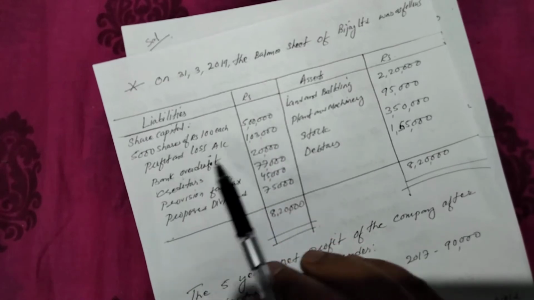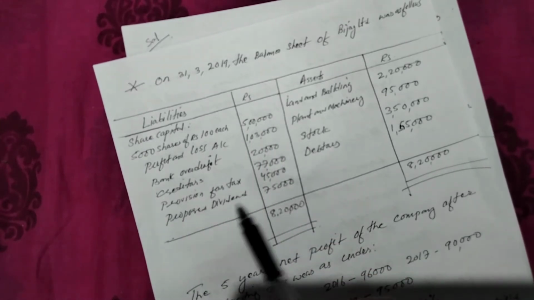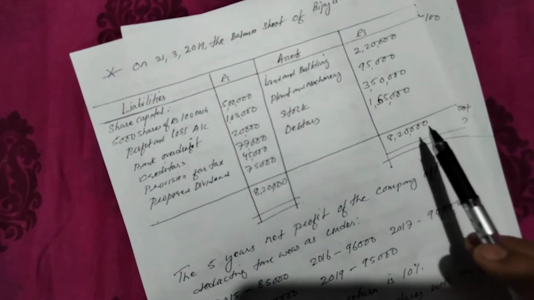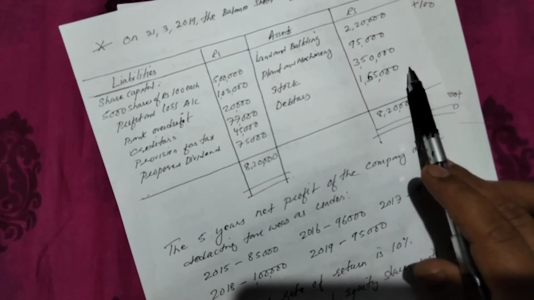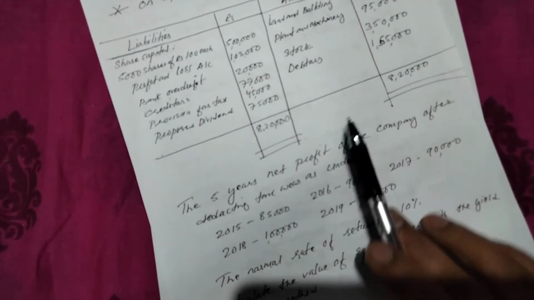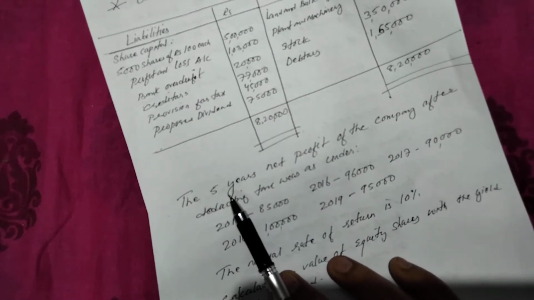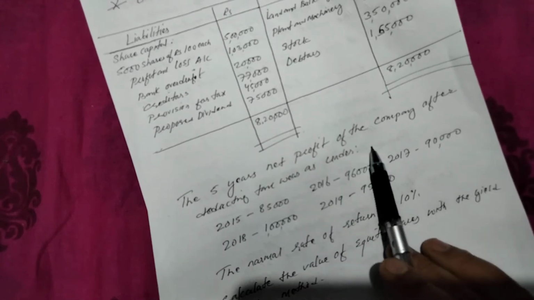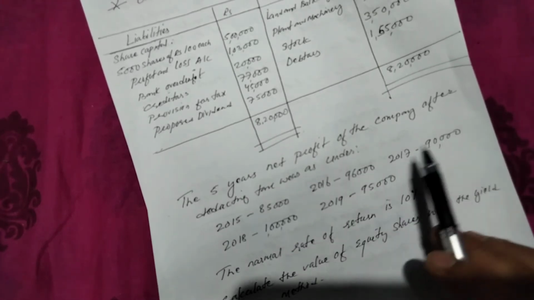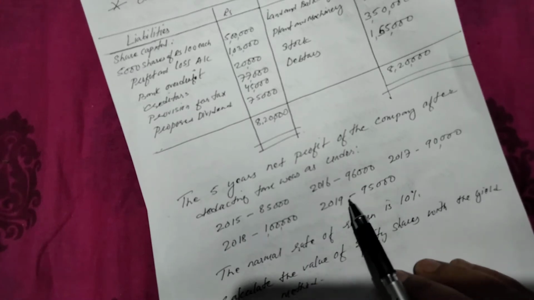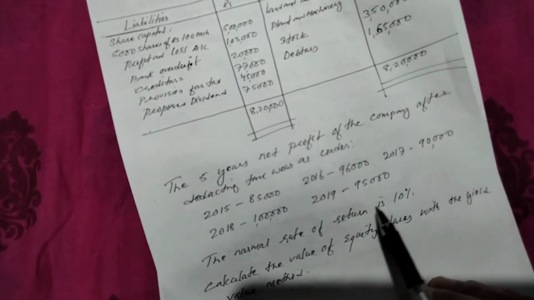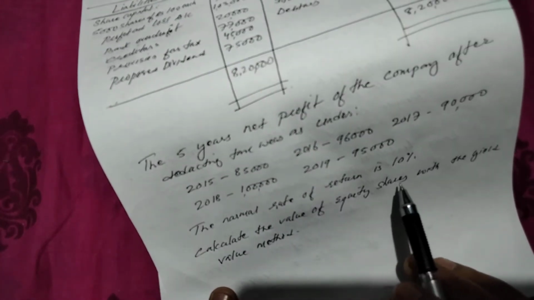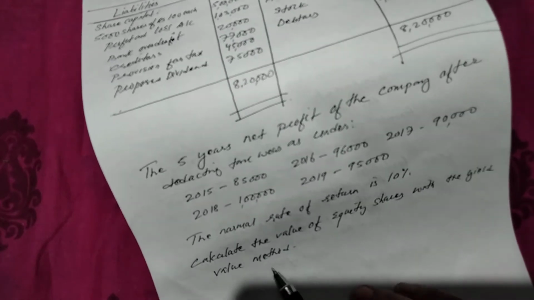Profit and loss account, bank overdraft, creditors, provision for taxation and proposed dividend are given. On the asset side, land and building, plant and machinery, stock and debtors, debtors being 1,55,000. Now the adjustment: the 5 years' net profit of the company after deducting tax were as under, given from 2015 to 2019. The normal rate of return is 10%. Calculate the value of equity share with the yield value method.